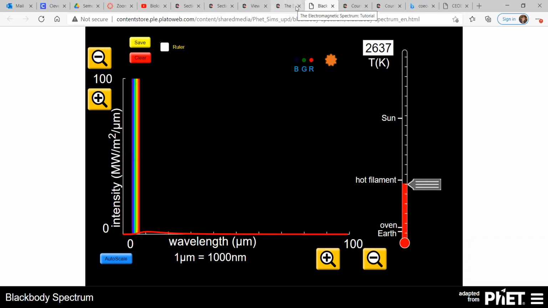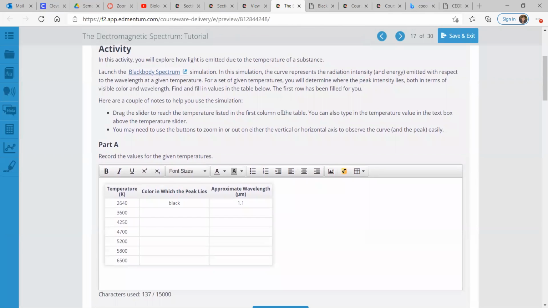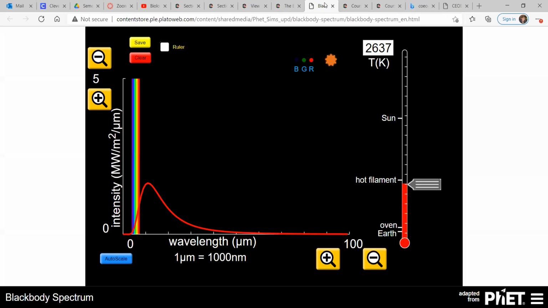Let's see. So we put it at the temperature 2640-ish, and we can see the peak is in the black section.